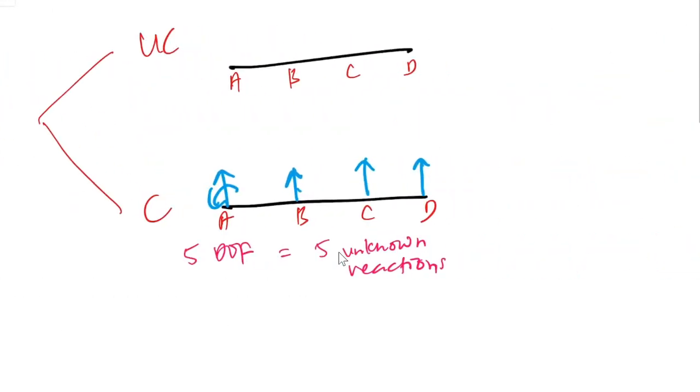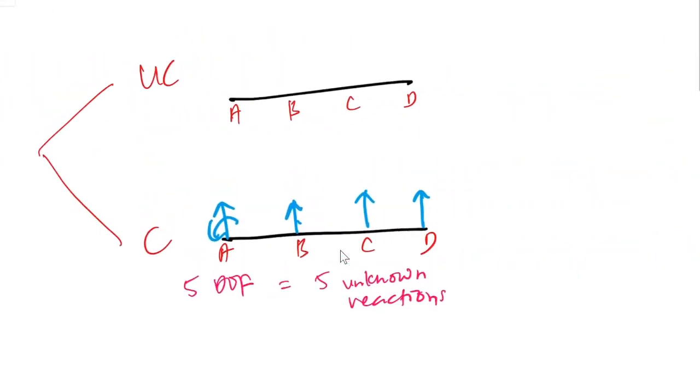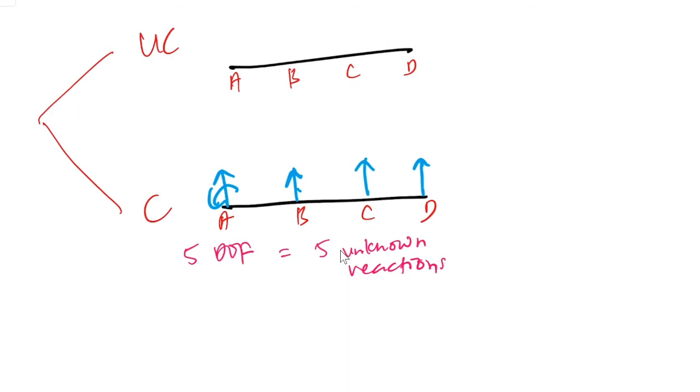So move to this. In unconstrained, we must make sure that there are 2 degrees of freedom at each node.